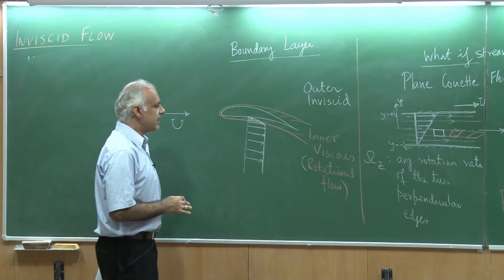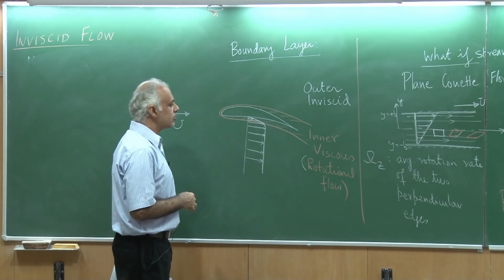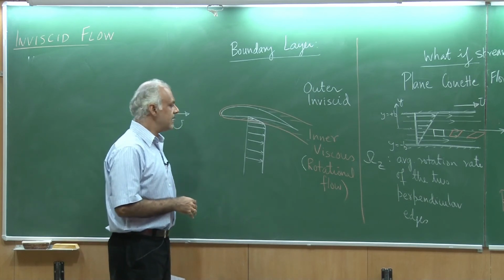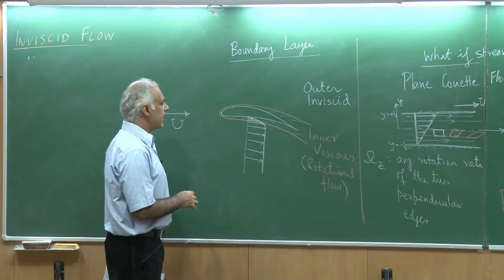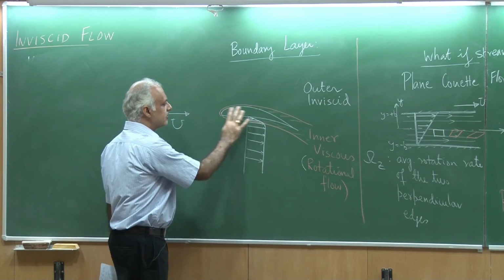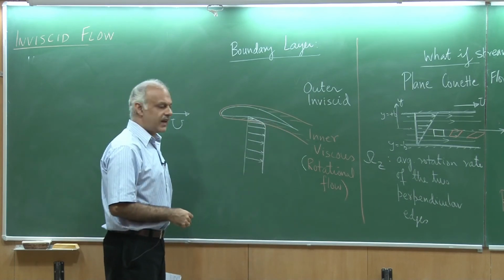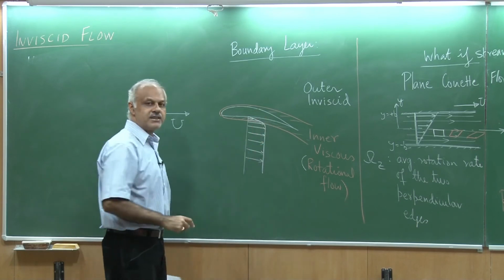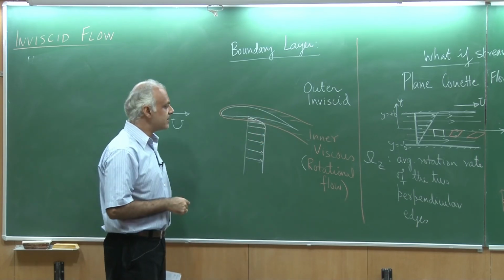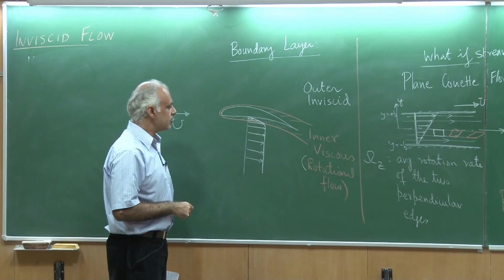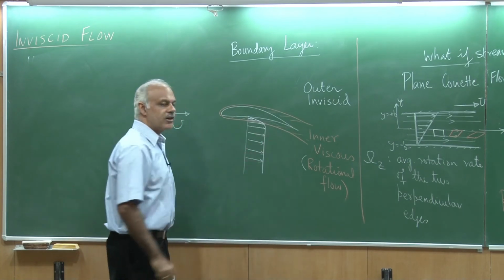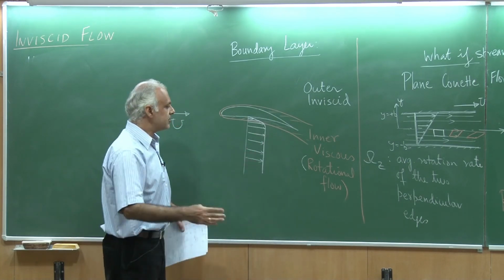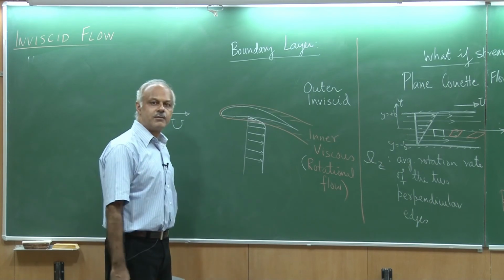So, I hope the way we are going to do the analysis is now clear: when we are interested in solving a viscous flow for, let us say, an airfoil at a large Reynolds number, then this region is extremely thin. We saw in one of the sessions, it could be simply of the order of a millimeter if the chord of the wing is about 5 meters.